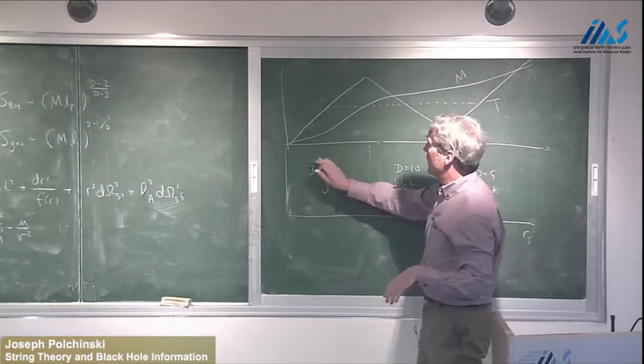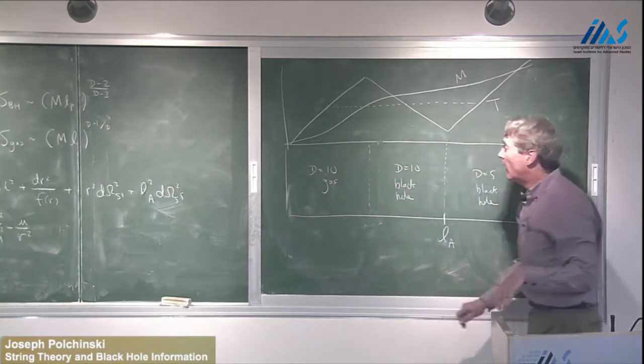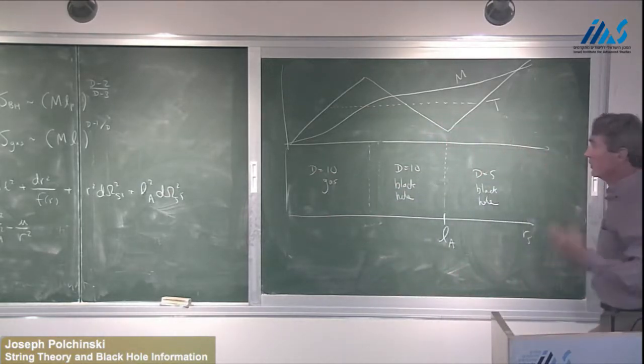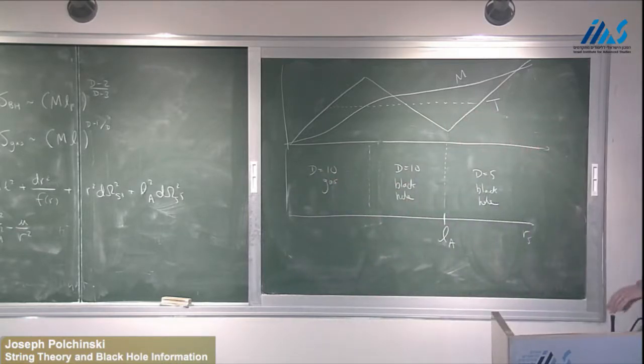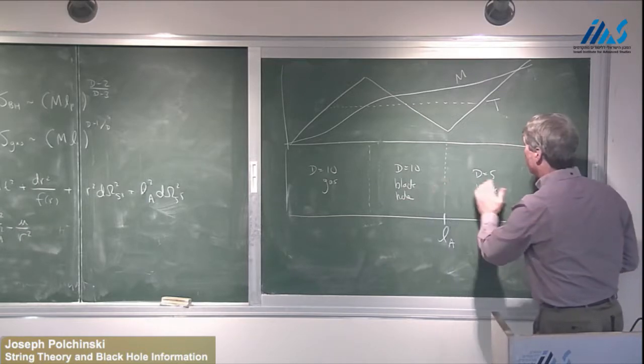So the closest analog of the Hawking experiment is to consider these very small black holes, which are unstable. But in fact, it's often more useful to think about either of the others.